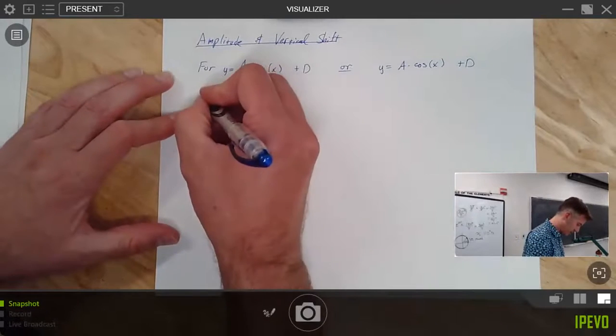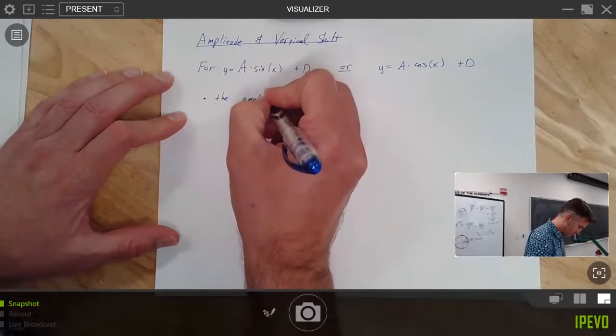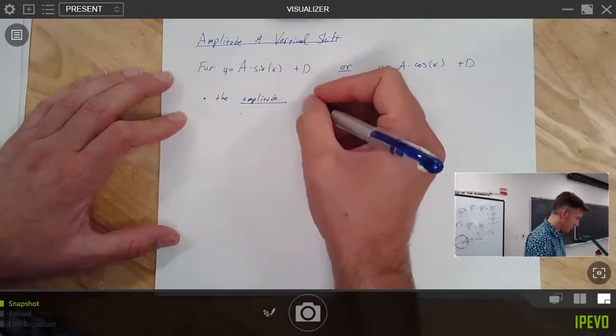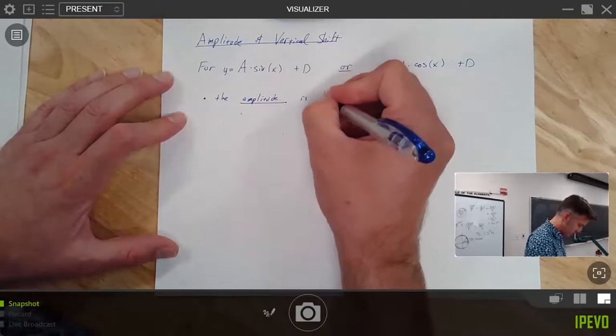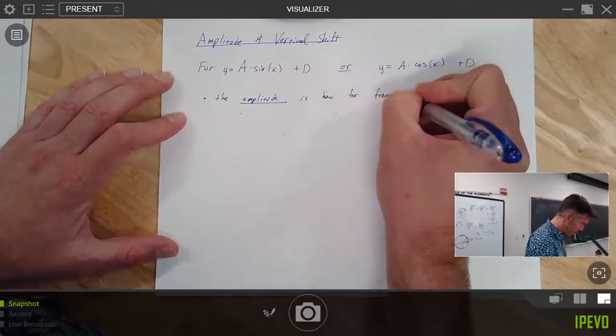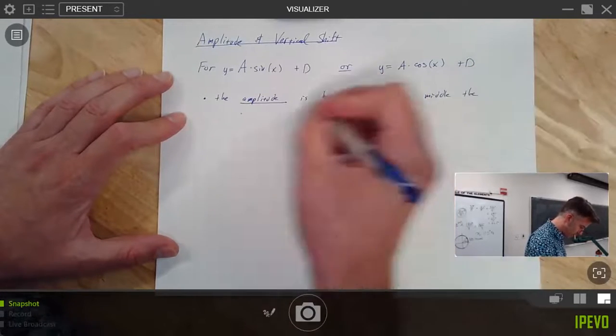And here's what it is. The amplitude is how far from the middle the highs and lows are.